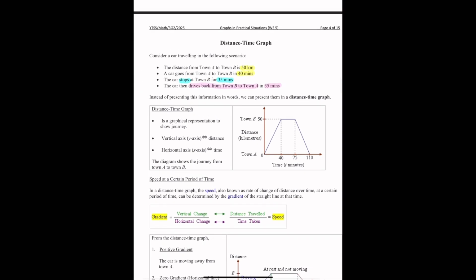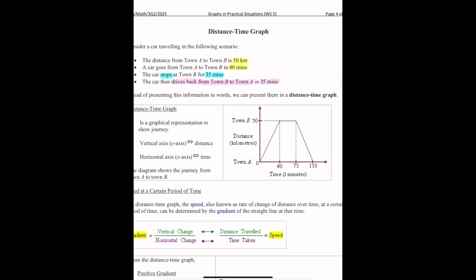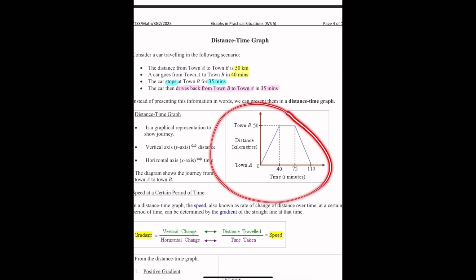So actually, we can represent these 4 bullet points in a graph. This graph, we call it the distance time graph. It is a graphical representation to show a journey where the y-axis is distance and the x-axis is time. So let's take a look at this graph already drawn for us on the right.